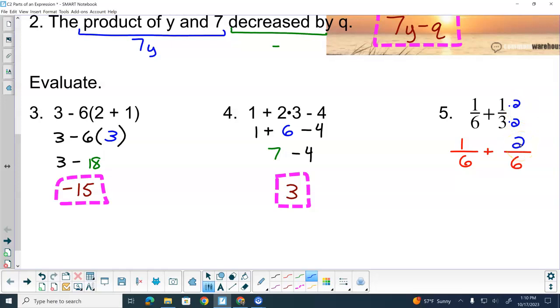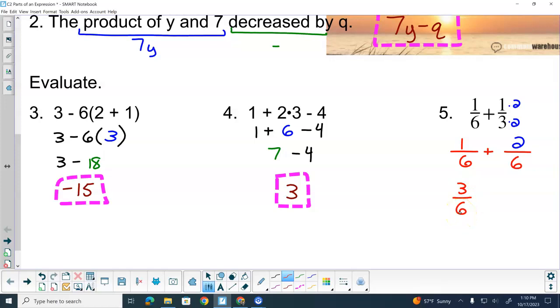I've done step number 1, find my common denominator. I've done step number 2, I've adjusted my fractions. What's step number 3? Add the numerator, so add the top. What about the bottom? Keep it the same. 1 plus 2 is 3. So we get 3 over 6.